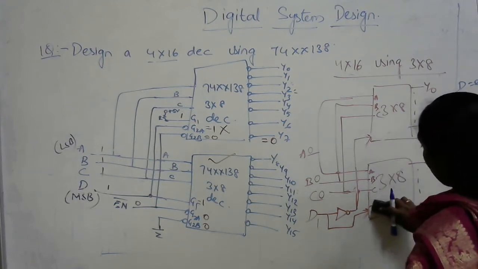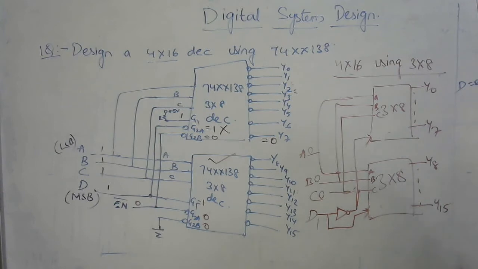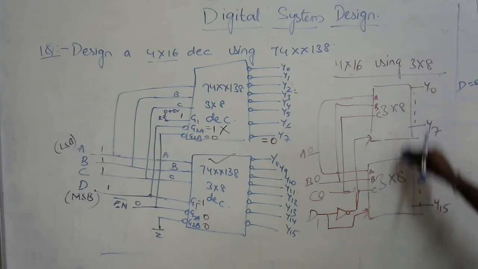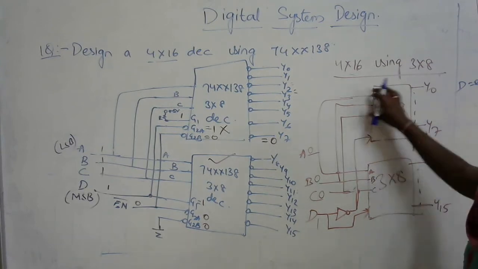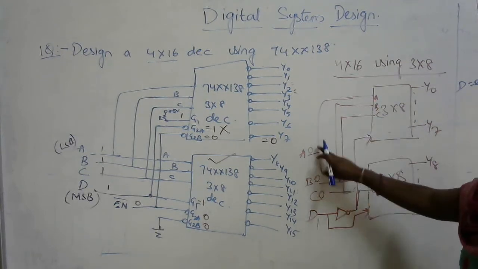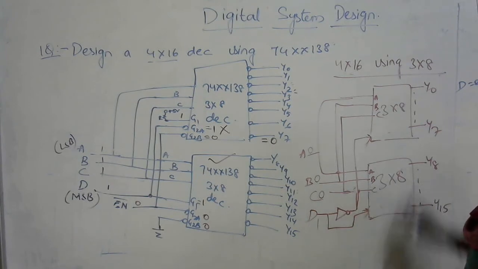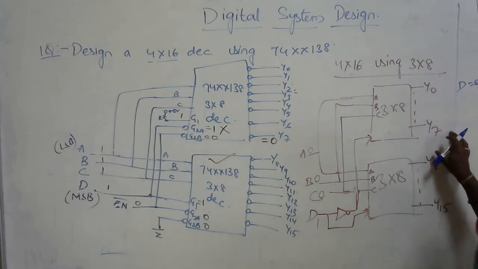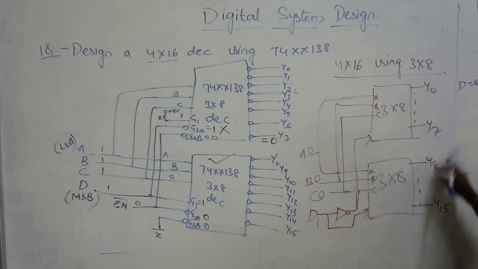I'll repeat this completely. If they didn't specify a design using an IC, just draw two 3x8 decoders, short the three inputs of both decoders, and make a common input of A, B and C. Y0 to Y7 are the outputs of the first decoder, and as the second decoder also consists of 8 outputs, I am representing them as Y8 to Y15.